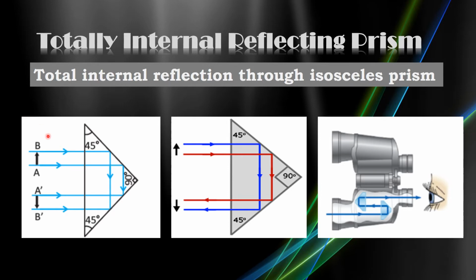You can see here that the deviation is 180 degrees and reflection is occurring from two adjacent sides of the prism, not from the hypotenuse. So two such prisms are used in binoculars, and this is also an application of total internal reflection.